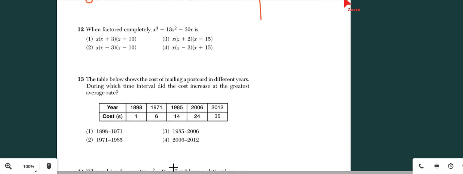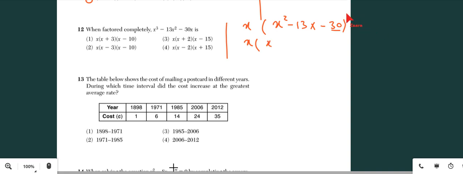Look at the next one. When factored completely, what will be the result? First of all, x is present in the whole expression, so we can take it outside. We will get x square minus 13x minus 30. And then further, now we have to write the suitable factors for negative 30, so that by product we can get negative 30, and by adding or subtracting we can get negative 13.